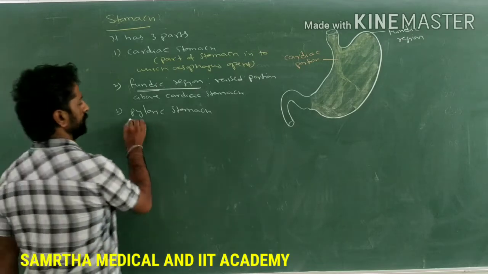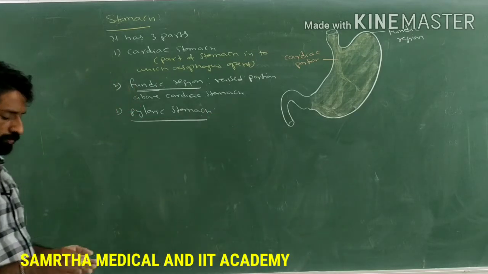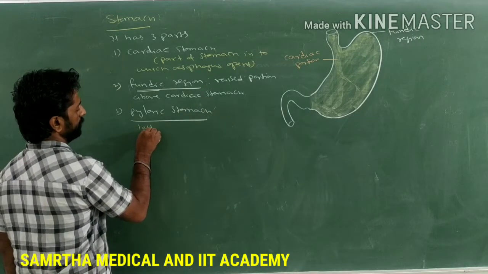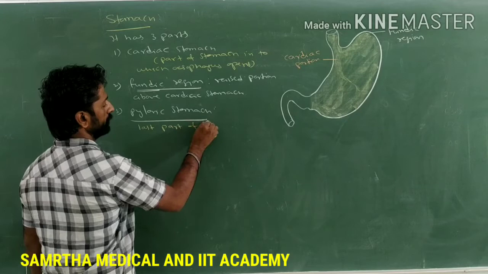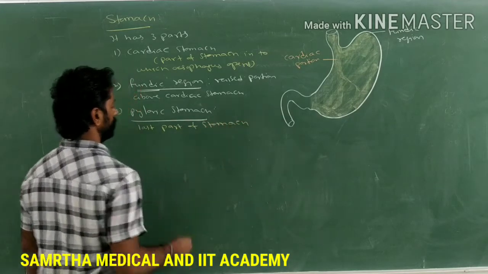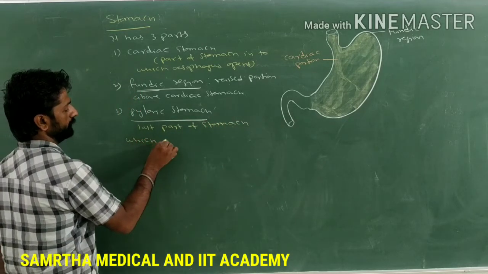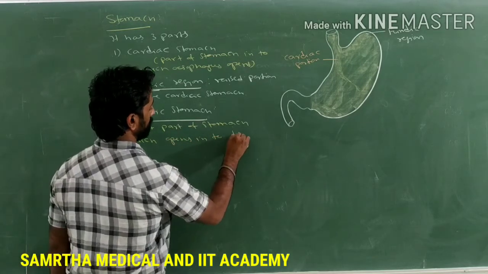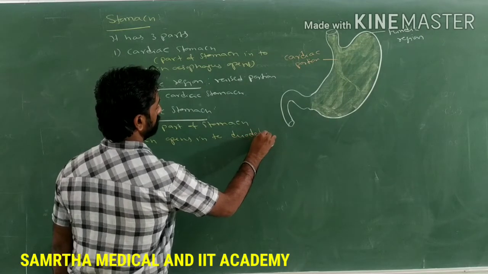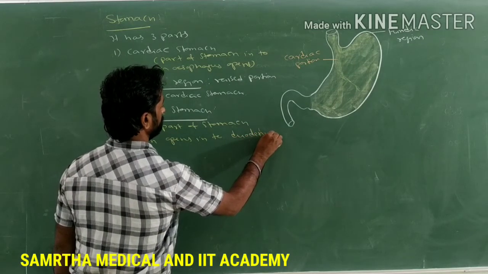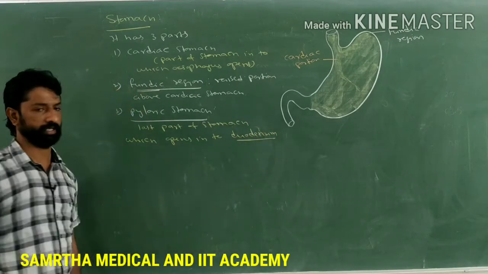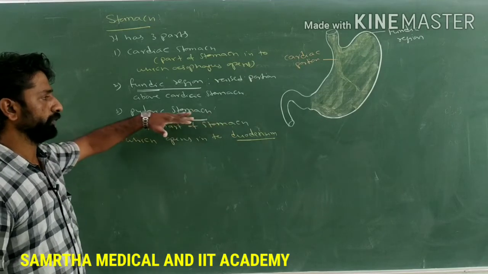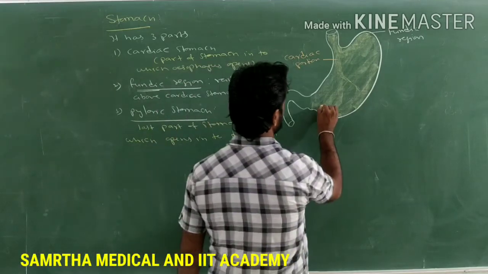And the last one is the pyloric stomach, which opens into the duodenum, the part of the small intestine. So the last part of the stomach, which opens into the duodenum, is called the pyloric stomach.